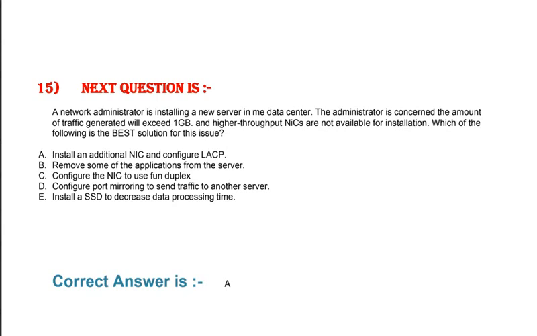Option A, install an additional NIC and configure LACP. Option B, remove some of the applications from the server. Option C, configure the NIC to use full duplex. Option D, configure port mirroring to send traffic to another server. Option E, install an SSD to decrease data processing time. Correct answer is option A.